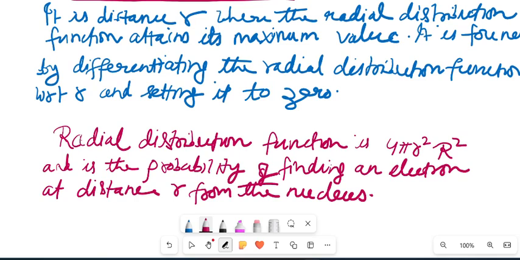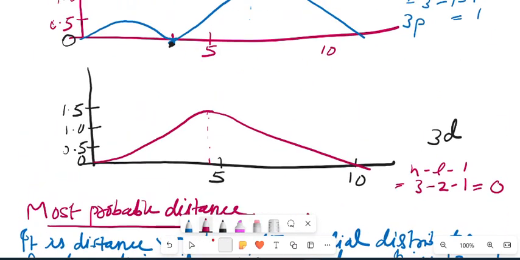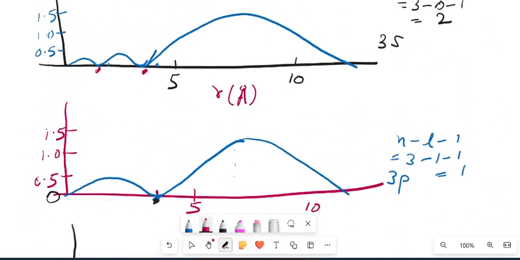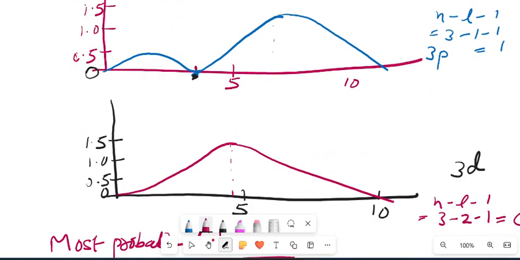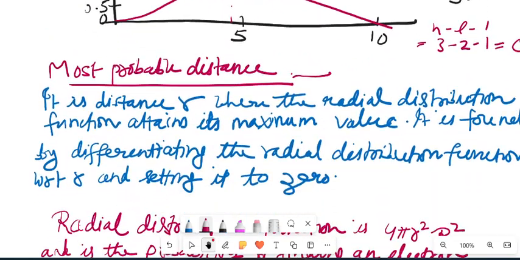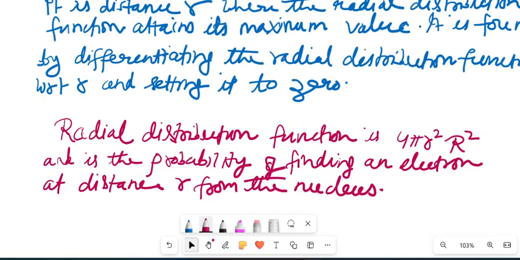Now we have drawn so many diagrams for the different orbitals: 1s, 2s, 2p, 3s, 3p, 3d. From these diagrams, some points are revealed, and we can summarize them.